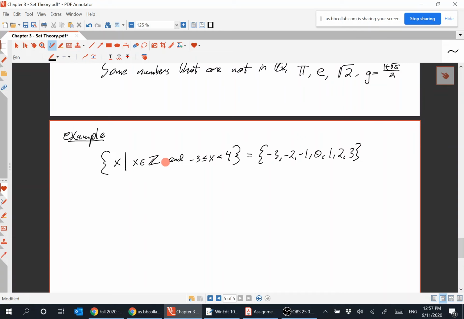How about this? The set of all x such that x is an integer and there exists y such that y is an element of the set {1, 2} and x equals 2y.